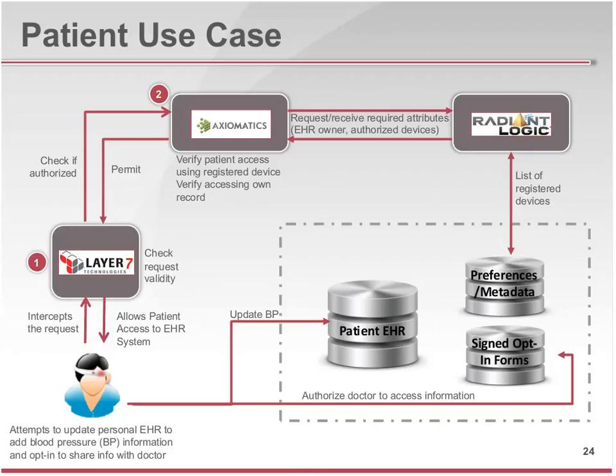It's using Radiant Logic to query the list of registered devices, and it's using its policy to determine that, yes, this patient is trying to update their own record. It returns a permit, and Layer 7 dutifully abides by that decision provided by Axiomatics. According to standards, it can't do anything else but follow that advice, and the user is allowed to directly update blood pressure in their system.